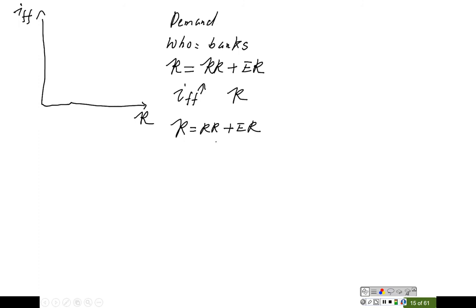No matter how high or how low the federal funds rate is, the required reserve held by the bank remains the same because that's required by the Federal Reserve. But what about excess reserve? When the federal funds rate increases, does the bank want to hold more excess reserve or less excess reserve?